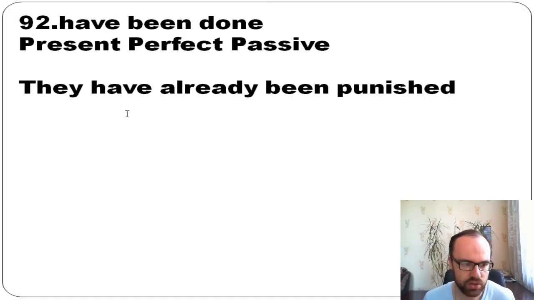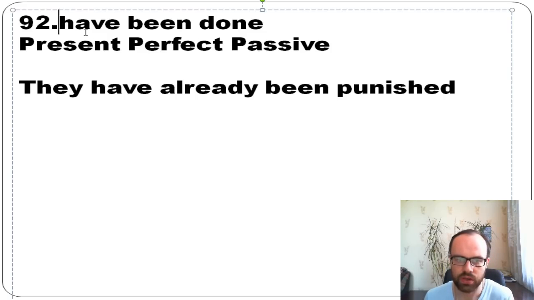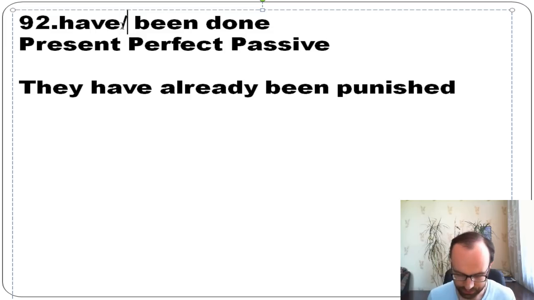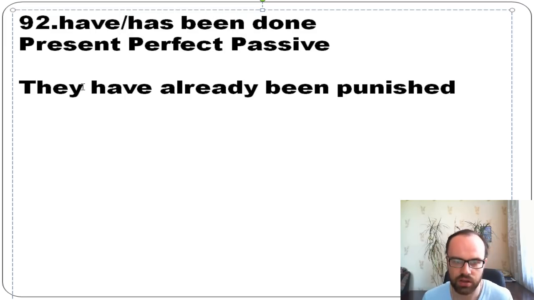You can also use present perfect passive, have or has been done, and keep in mind, please, some time markers such as already, just. We use present perfect if you have them, so they have already been punished.